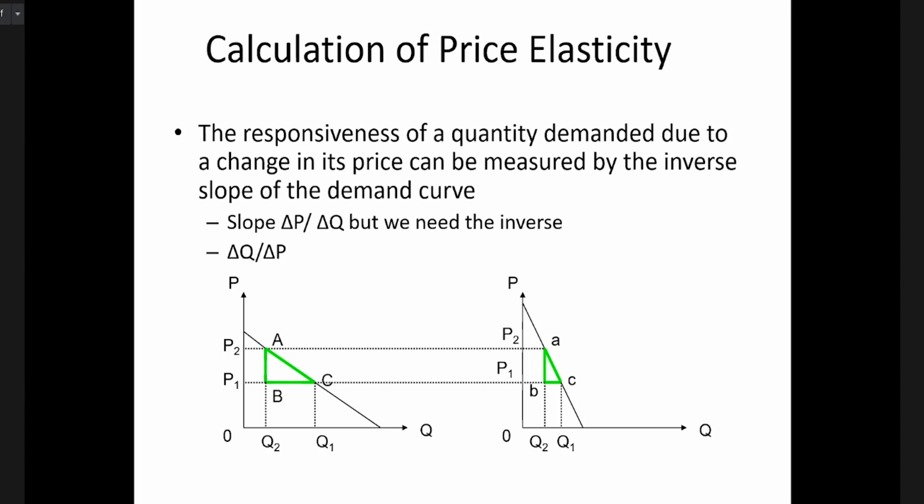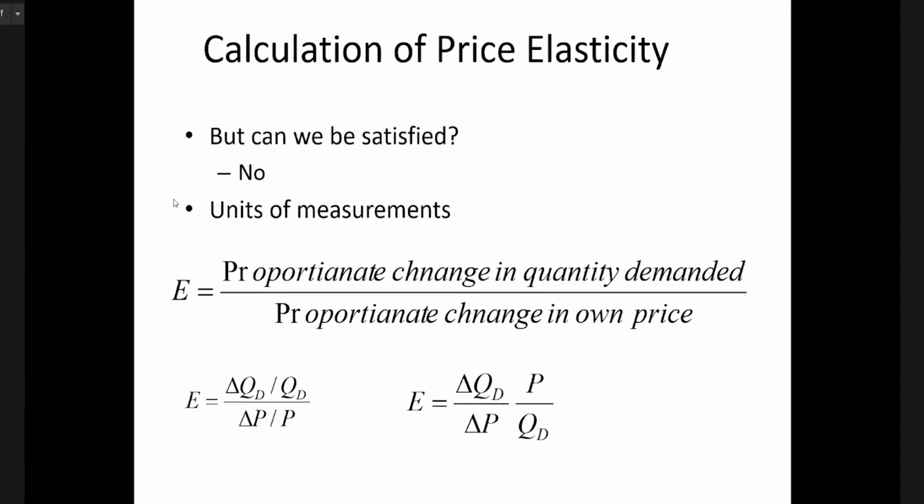Therefore, in economics, we are worried about the proportionate change. We are not satisfied with the previous slope calculation because of the unit of measurement. When we change the unit of measurement, of course, that changes the elasticity of demand.